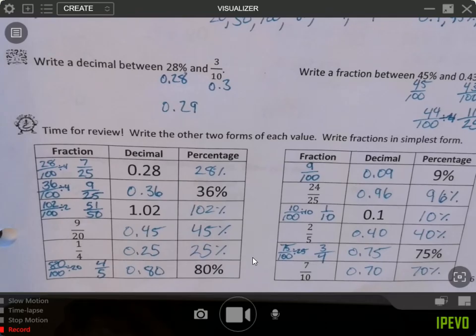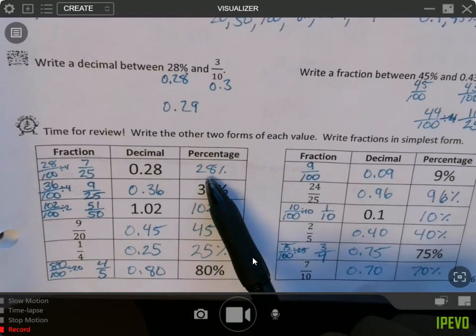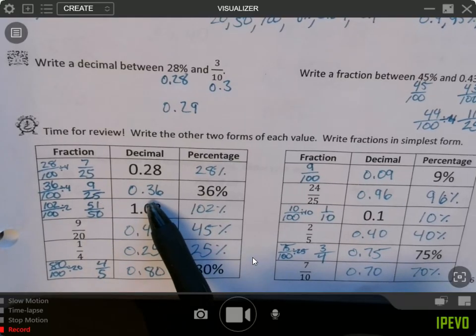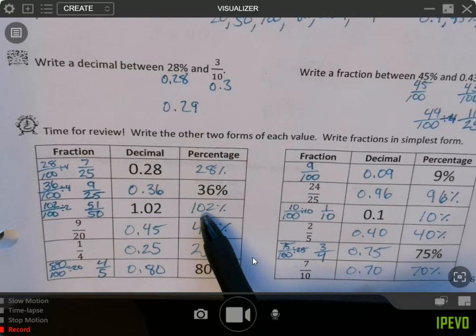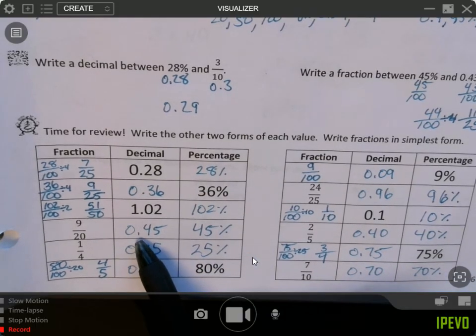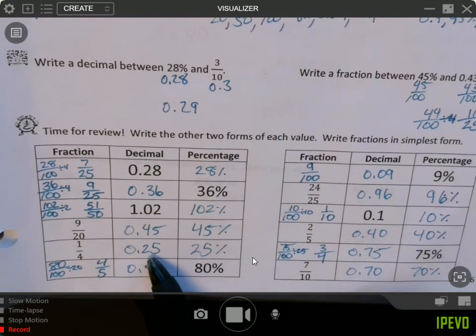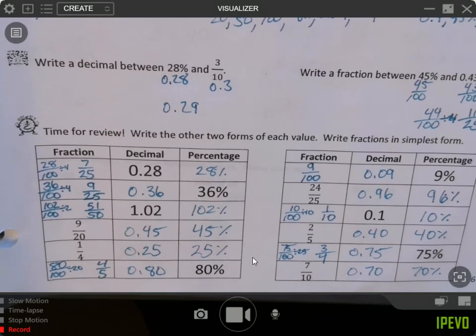It's not simplified. You must simplify your answers. So 7/25ths and 28%. The next one is 9/25ths and 0.36. 51/50ths, 102%. 0.45 is 45%. 0.25 is 25%. 4/5 is 0.8 or 0.80. Any questions on that side?